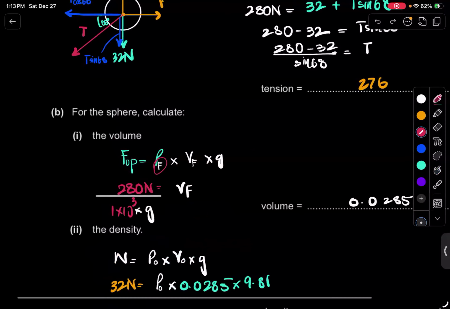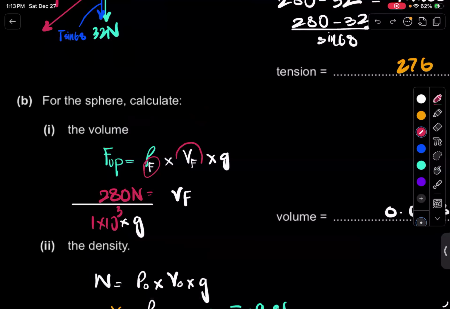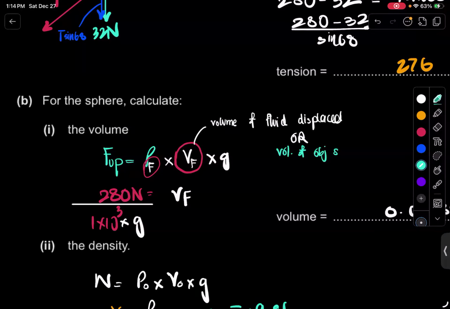The most important thing is that in the upthrust formula, this V is the volume of fluid displaced, or it is equal to the volume of object submerged. They're both equal in this case.